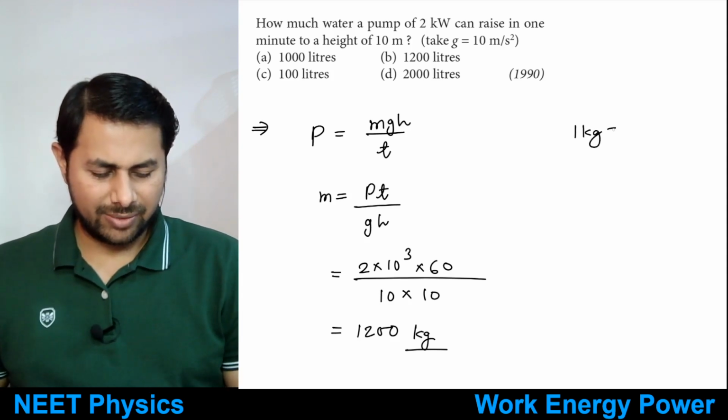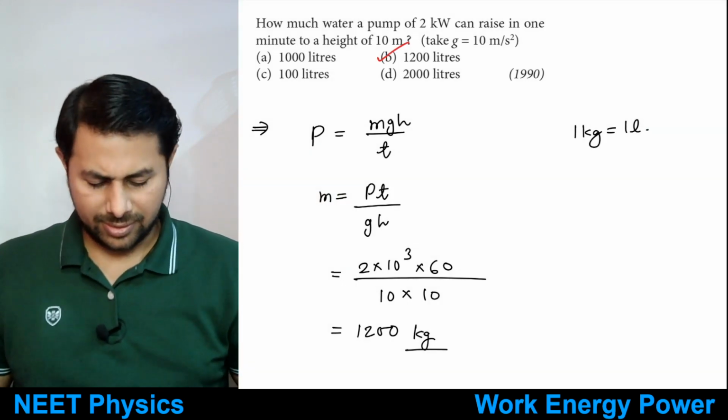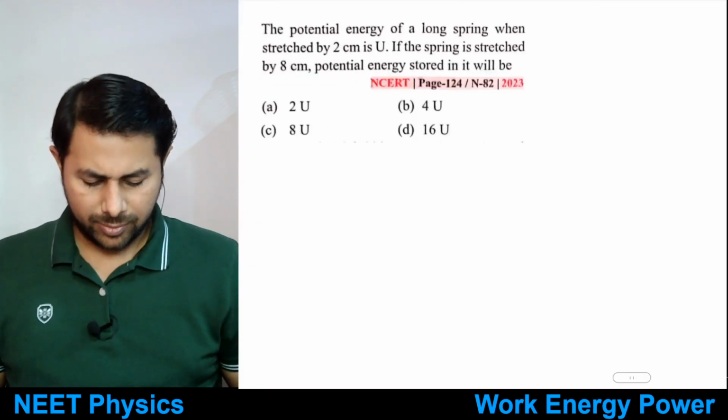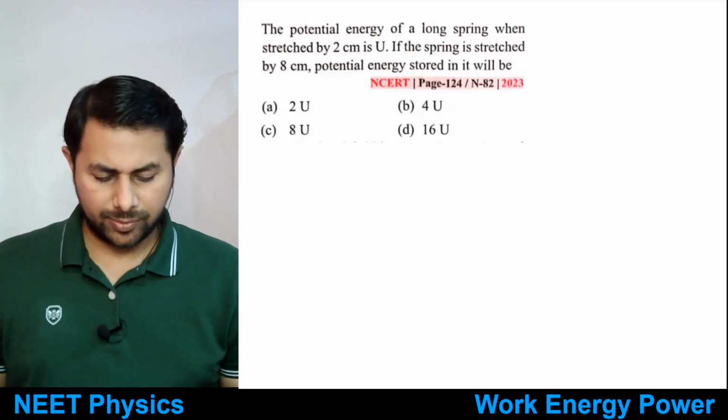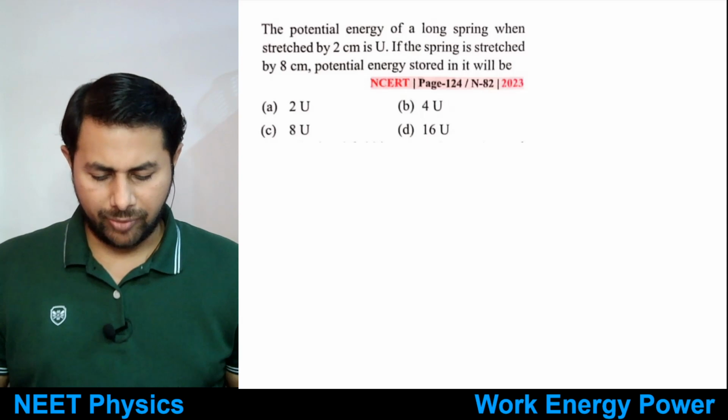So that's why it is 1200 liters. Right, so that's the answer. It's very, very simple. So these are two recent questions. This is from NEET 2023 and the other one is from NEET 2022.